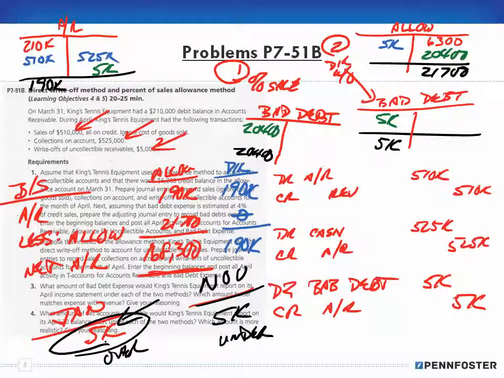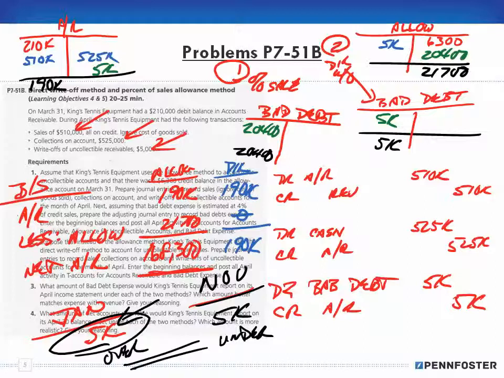Whereas using the allowance method, even though you still don't know who's going to be bad or if that account is going to be bad, based upon past history, using the percentage of sales method or the aging method, you can guesstimate how much it is going to be. Your accounts receivable is more accurate.